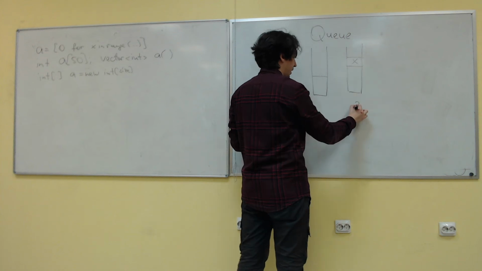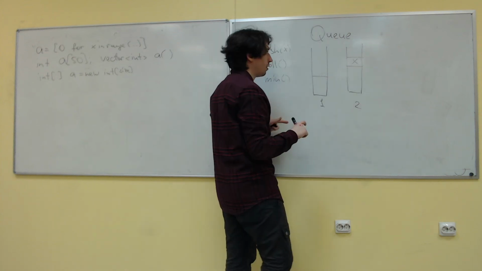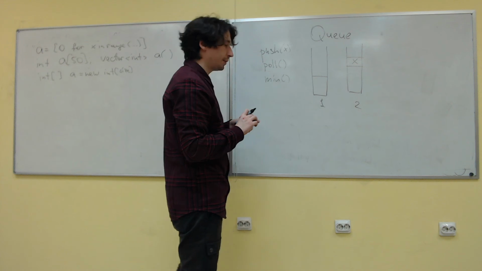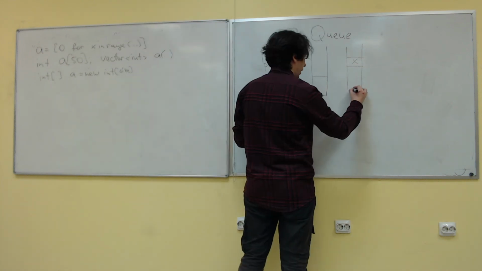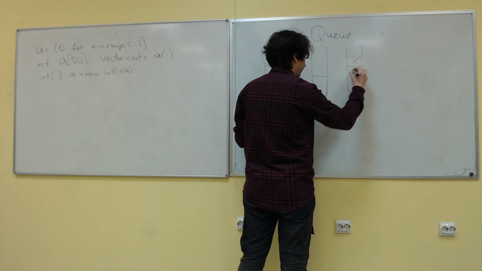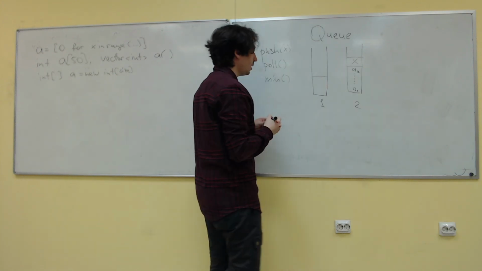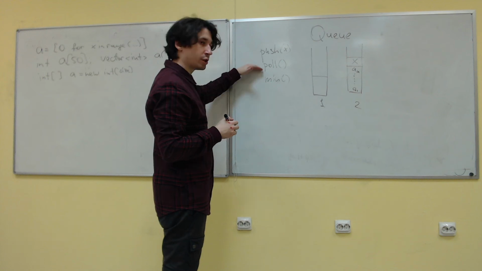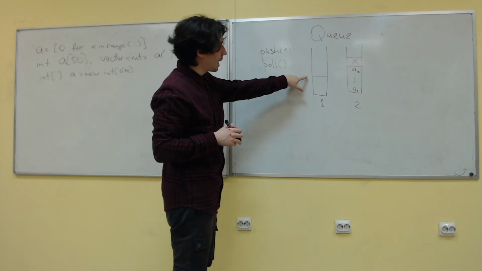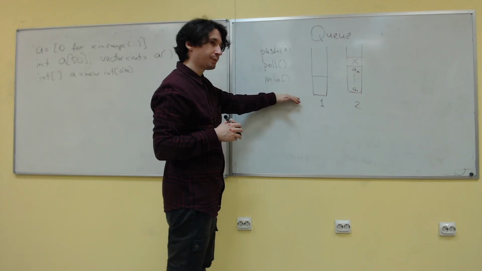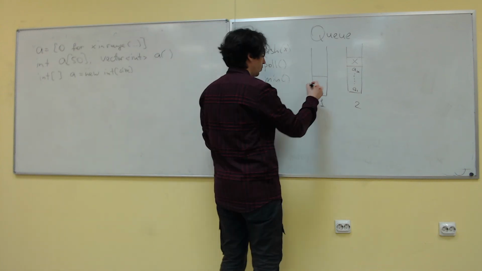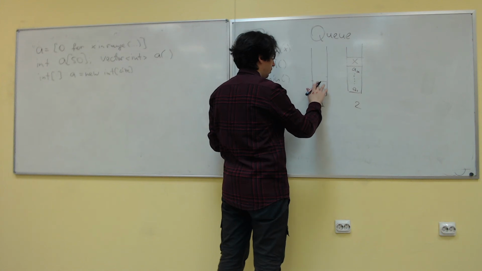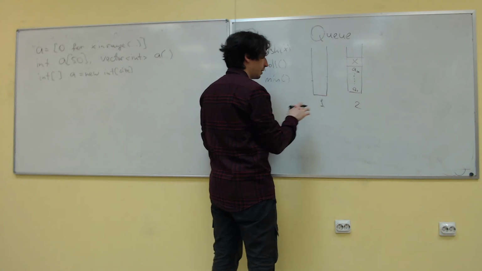So here A1, blah blah, AK. Then when we have a poll operation, we just take the elements from the first stack. So we remove this element, then remove this element, and then finally the stack becomes empty.